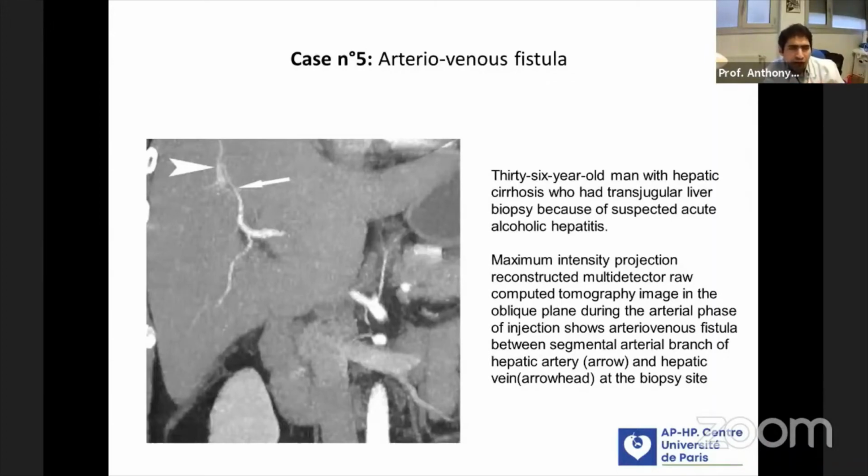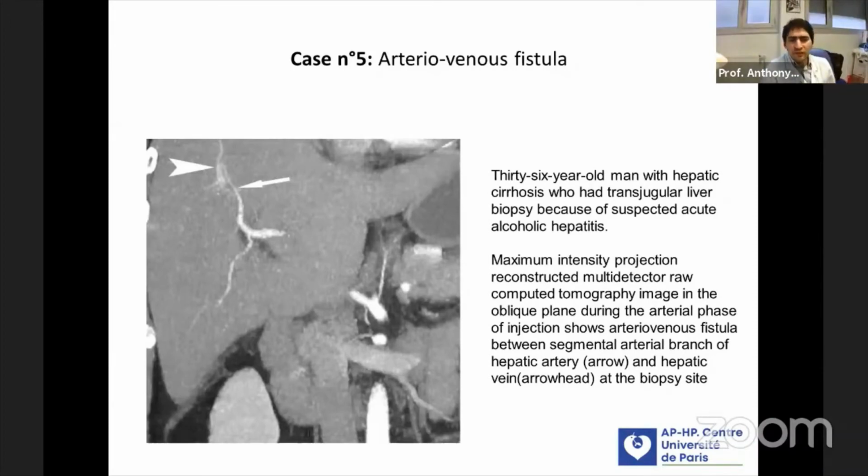Sometimes you don't see it on the spot, because when you are in the vein, the pressure in the artery is higher, so you won't be able to opacify the arterial system during the biopsy. So you may see this just in a CT or an ultrasound performed in the follow-up of the patient, and this may be non-symptomatic most of the time.